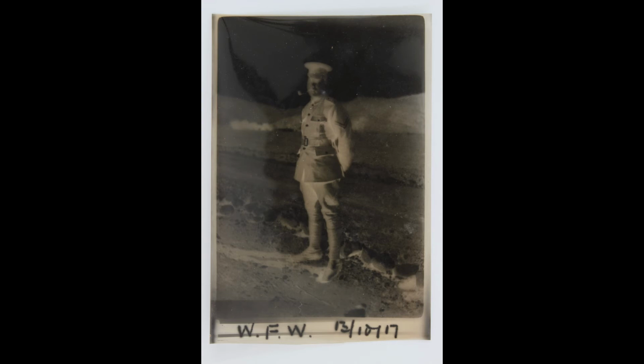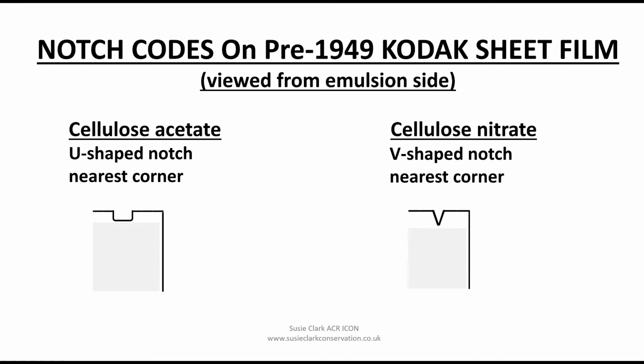And from gelatin glass plates onwards, mainstream negative processes all use gelatin emulsions. Now, for identification purposes, the aim of identifying cellulose nitrate is usually to distinguish it from cellulose acetate, which we haven't talked about yet. Notch codes can be used for pre-1949 Kodak sheet film where they are present.